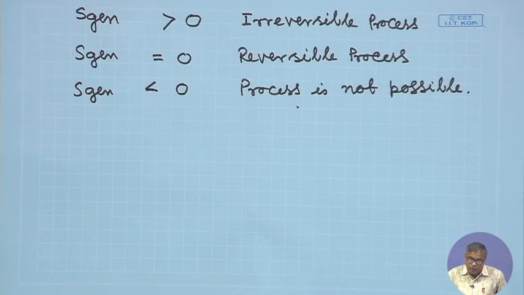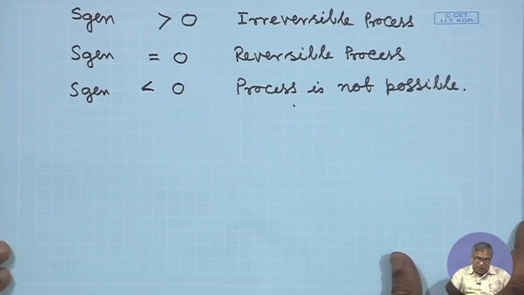S gen equal to 0 is a reversible process, and when S gen is negative, the process is not possible. In other words, it is not possible to have a negative value of S gen. So, this is another important concept we get from our entropy principle and entropy generation.